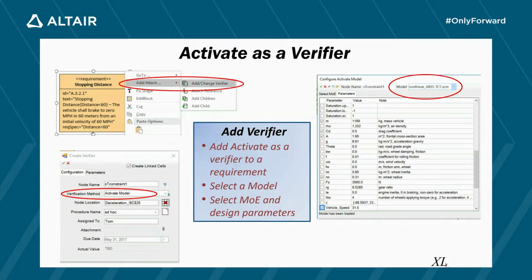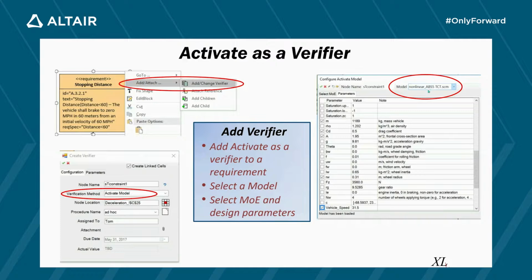From the drop-down menu, there's about 7 or 8 different possible selections for verification methods, including the external verifiers that I discussed, the state machines. In this case, I'm going to pick an Activate model. Once I select that, then it will list all the models in the next panel that I have access to.